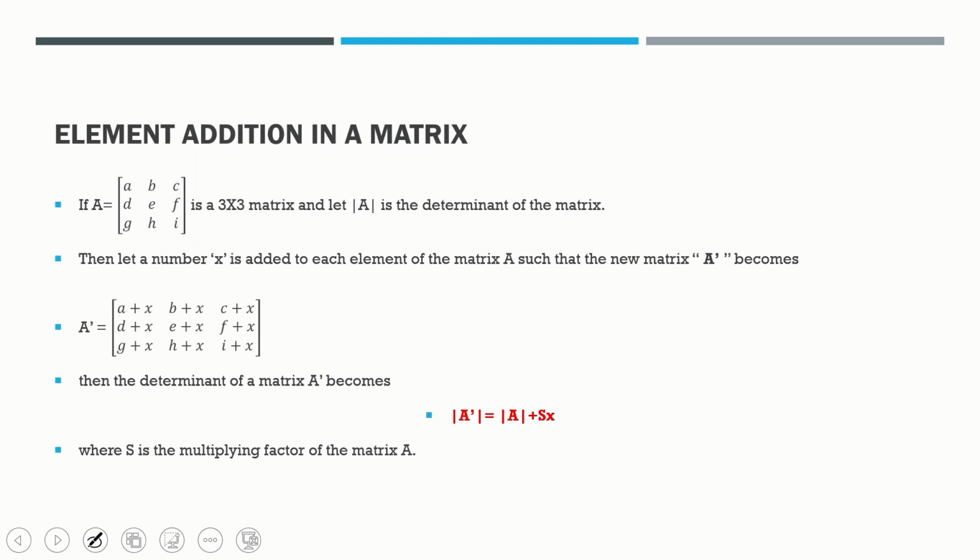So these are the things. Right now we have researched only the 3 by 3 matrix. For a 4 by 4 matrix things will be different, for a 5 by 5 matrix things will be different, and also for a 2 by 2 matrix things will be different, but this notation will be the same for every case.